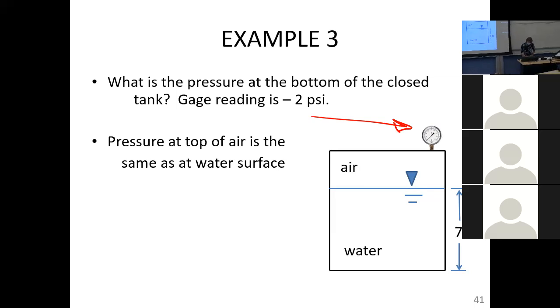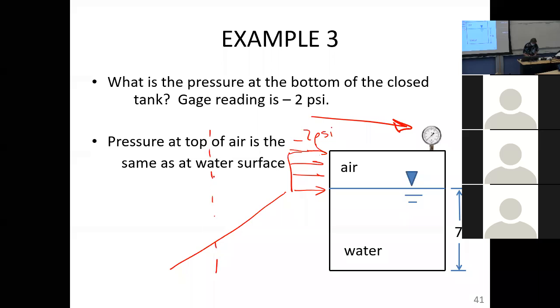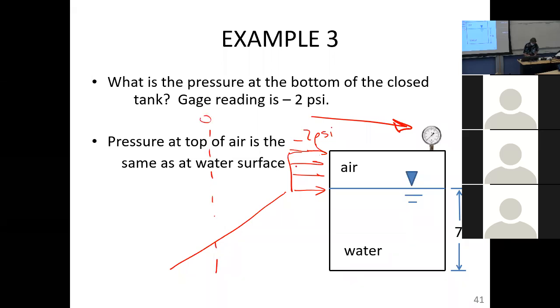We have a pressure here that we're basically going to say is uniform of -2 psi. And then once we get to the water, this is going to be increasing pressure. So 0 psi, remember pressure is being measured on the horizontal axis. So 0 psi is here.